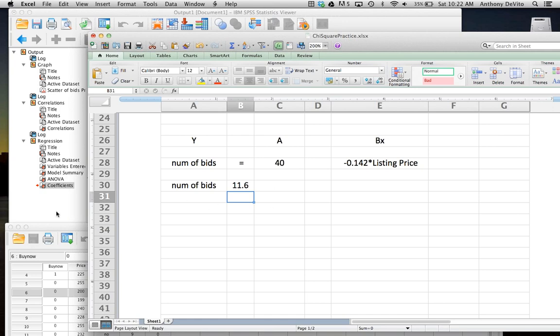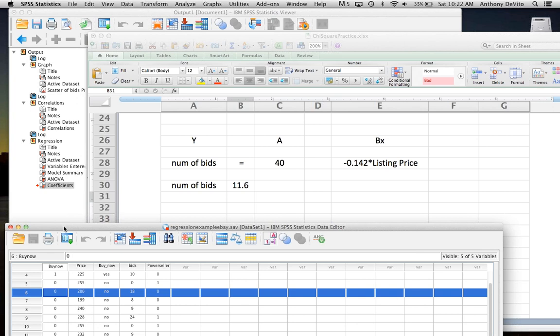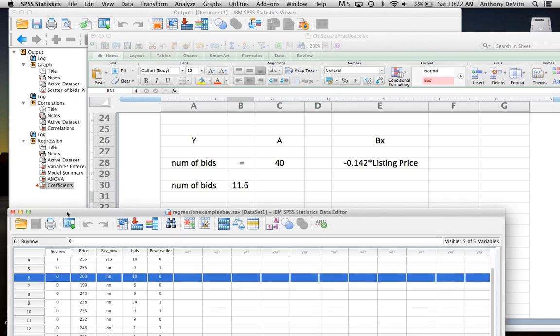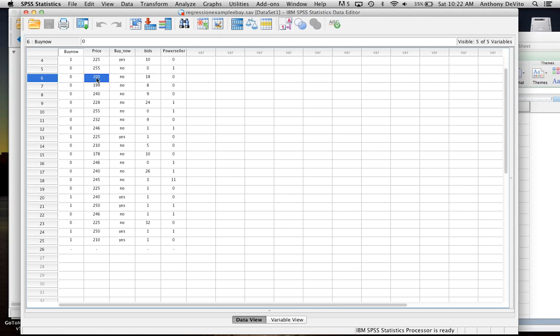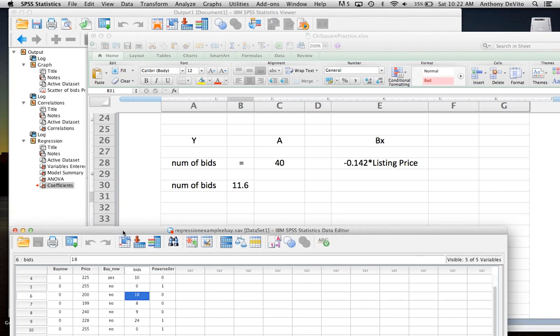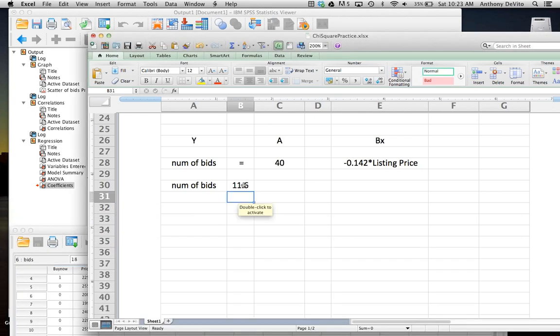Okay, well, in this case, I have an actual time that I listed it for 200. If I go back here, when I listed it for 200, I drew 18 bids, right? So the value I predicted was 11.6 bids. The value I actually got was 18 bids.